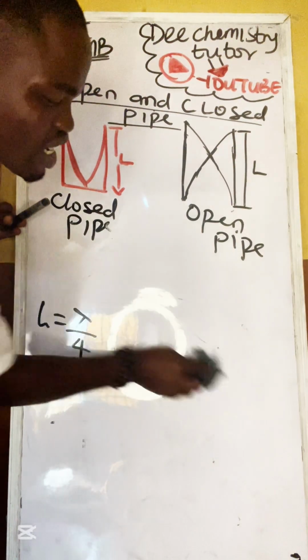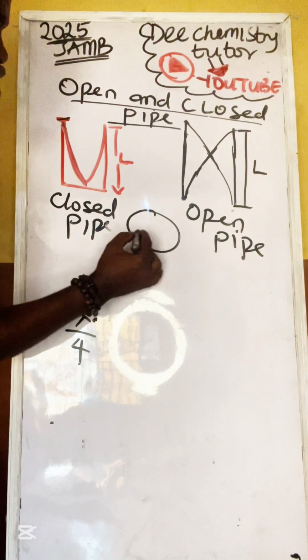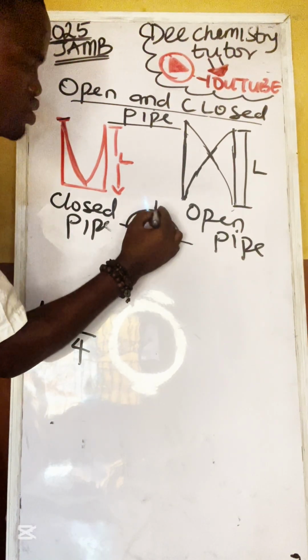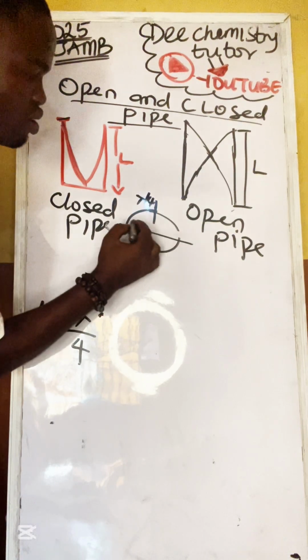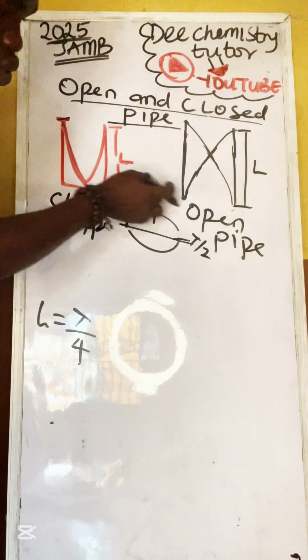I don't know why most students don't know this particular thing. Just like I said, we are dividing the cycle into 4 and half. So from here to here is lambda over 4. If I do everything, that's lambda over 2, like if you divide this whole thing into 2.